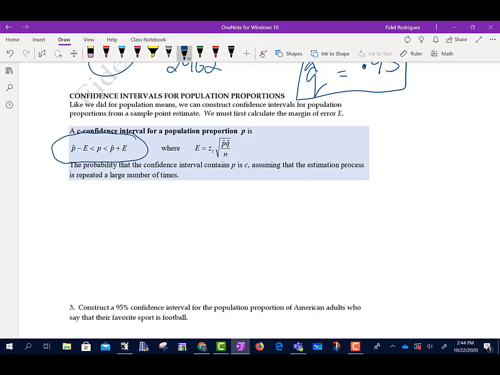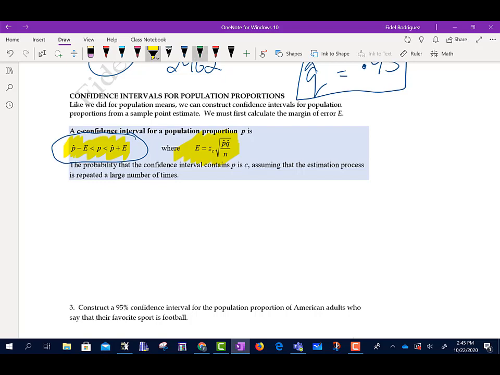We took our average and subtracted the error, then took our average and added the error, and said our average is going to be somewhere between. We're doing the same thing, except now for proportions. The part that is slightly different is the way we compute our error. My error formula says z sub c times the square root of p hat q hat all over n.